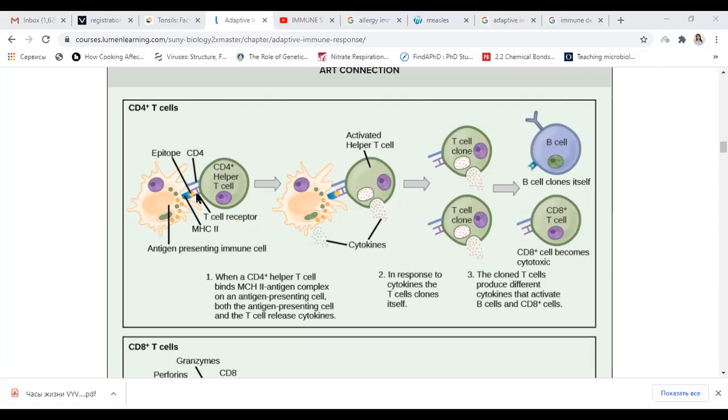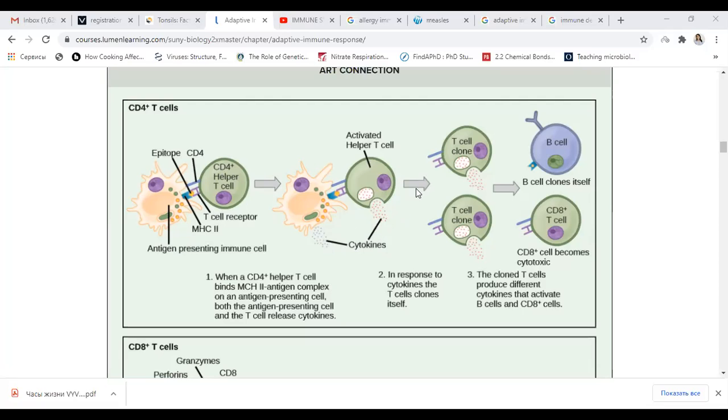Once this complex is formed, both the antigen presenting cell and the T cell will release cytokines. These cytokines cause inflammation in the specific organ or tissue where the infection occurred.